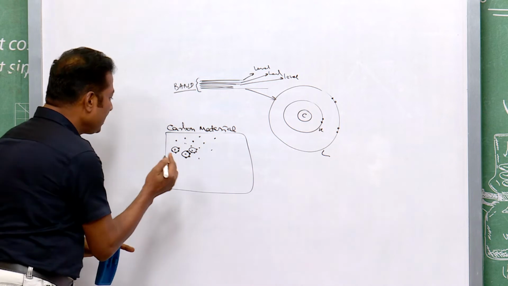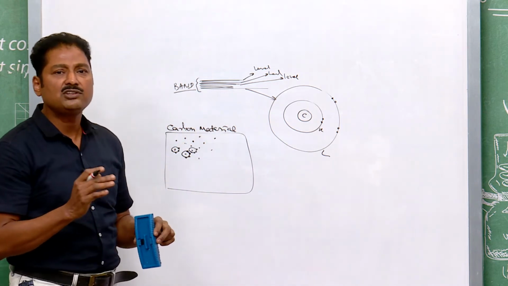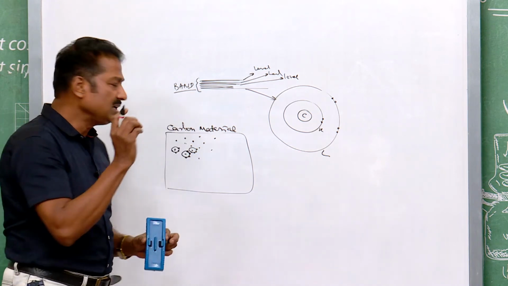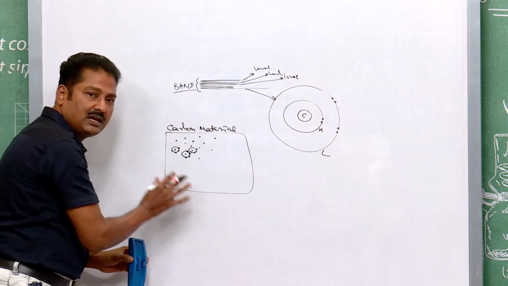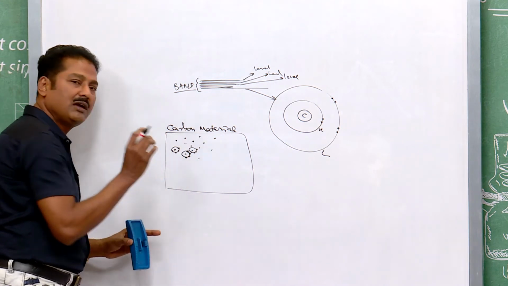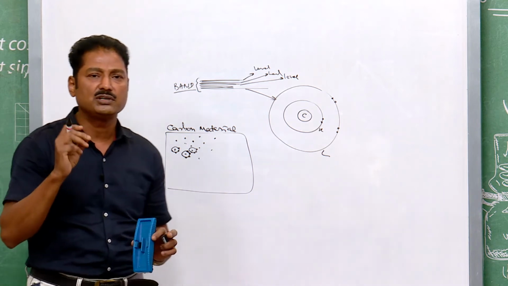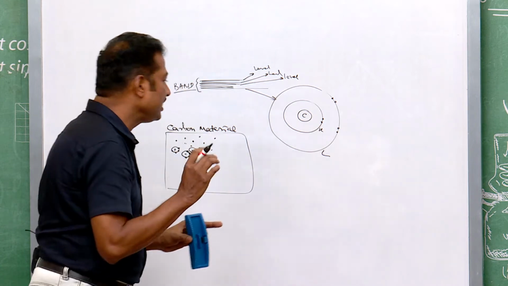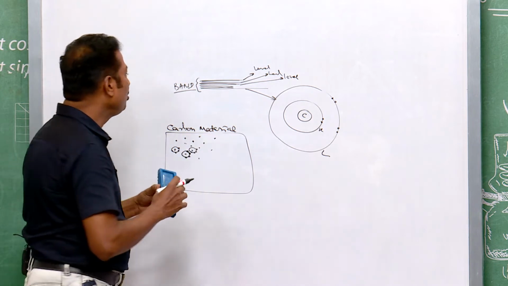For the same valence electron of many carbons, there will be millions of electrons for millions of atoms. So, each valence electron, because they are in a matter, will have a slightly different energy, very close to each other, and those energies, when I represent in a diagram, will look like this.